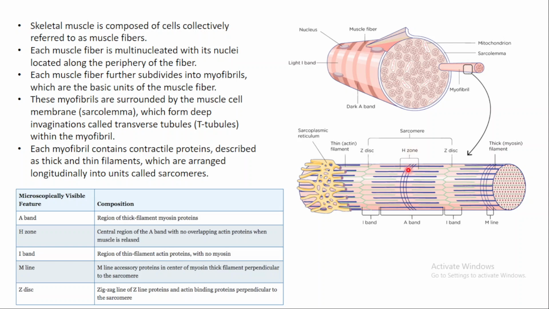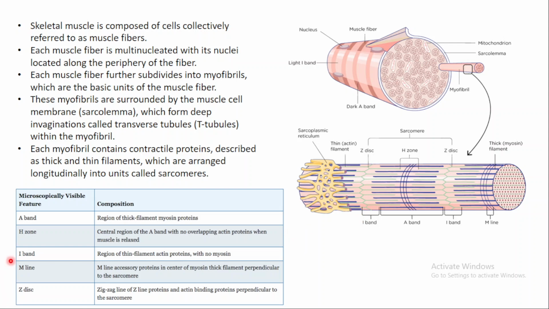There is no actin, so there is no green line here, and this zone is called the H zone. The I band is a region of thin filament actin proteins with no myosin. Similarly, complementary to the H zone, there is a zone where only actin proteins are present but no myosin proteins. You can only see green bands but no blue bands, and such regions are called the I band.